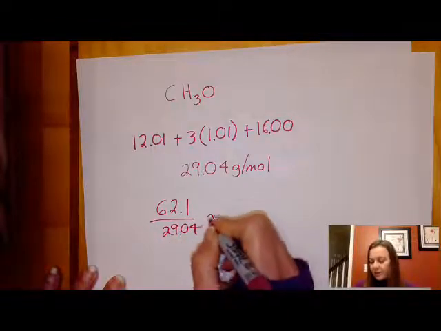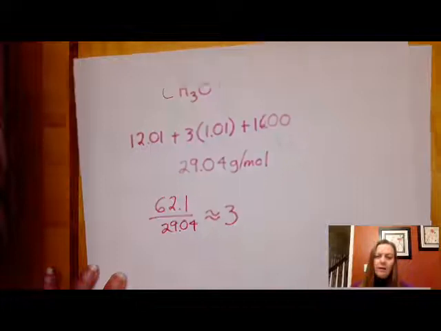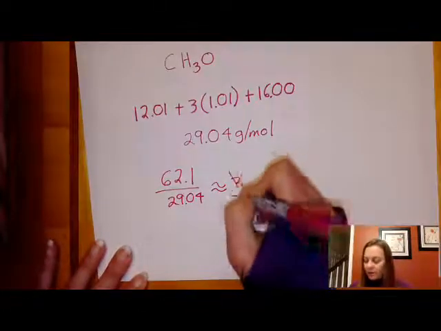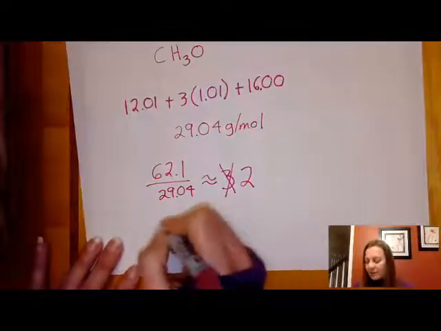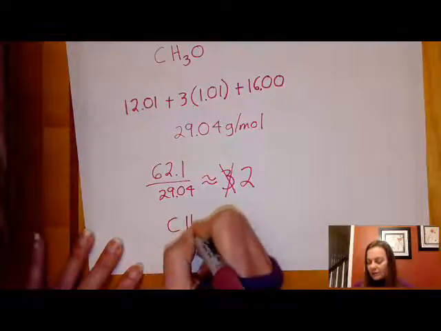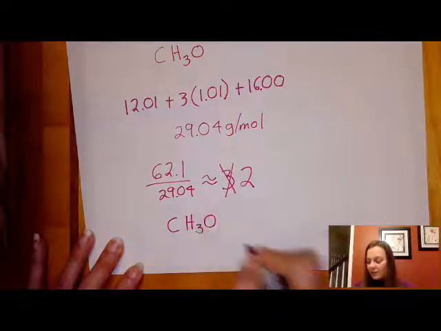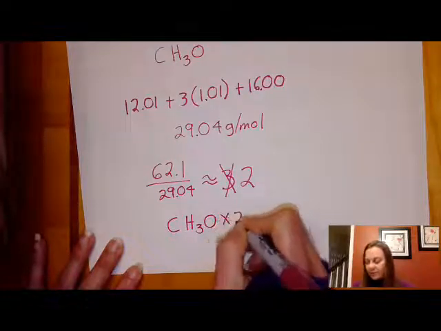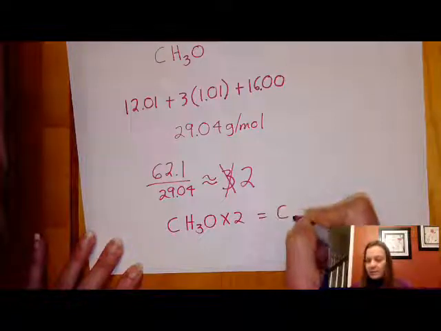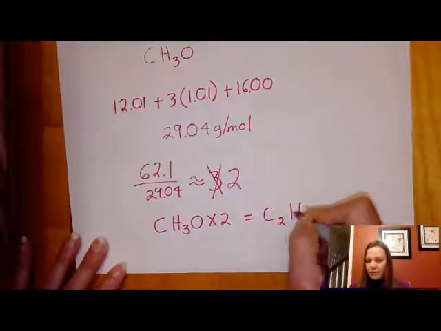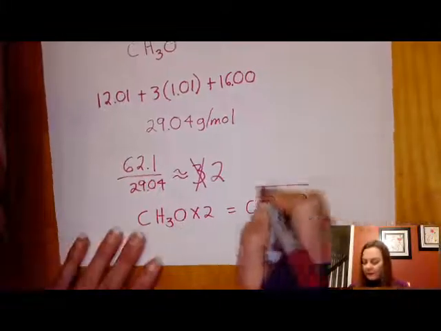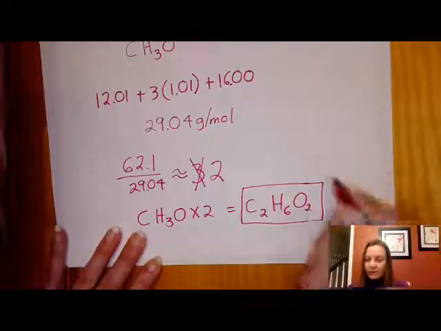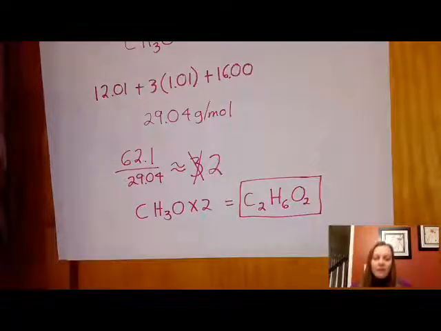We're going to say that's about 2. Okay. And so we're going to take CH3O and we're going to multiply it by 2. And we'll wind up with C2H6O2. And that is the molecular formula for ethylene glycol. Okay, I look forward to hearing your questions and seeing you in class.